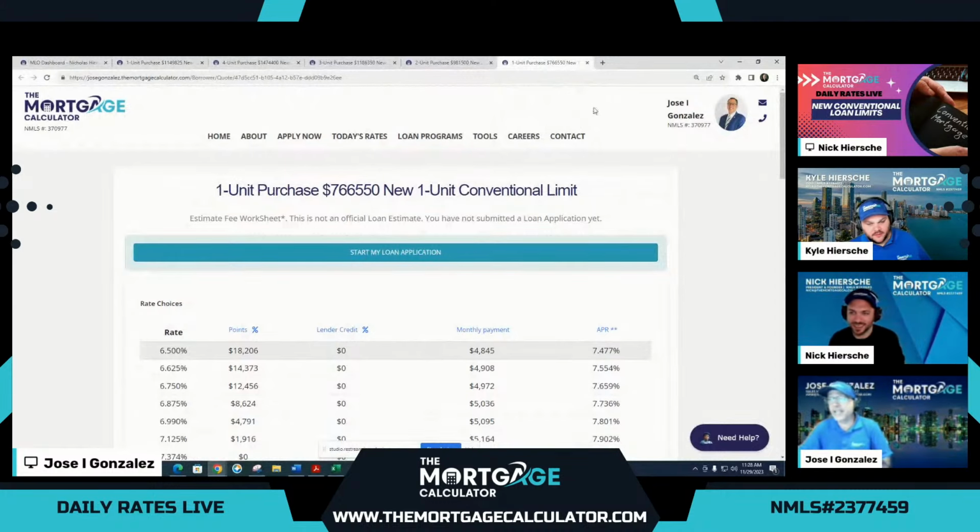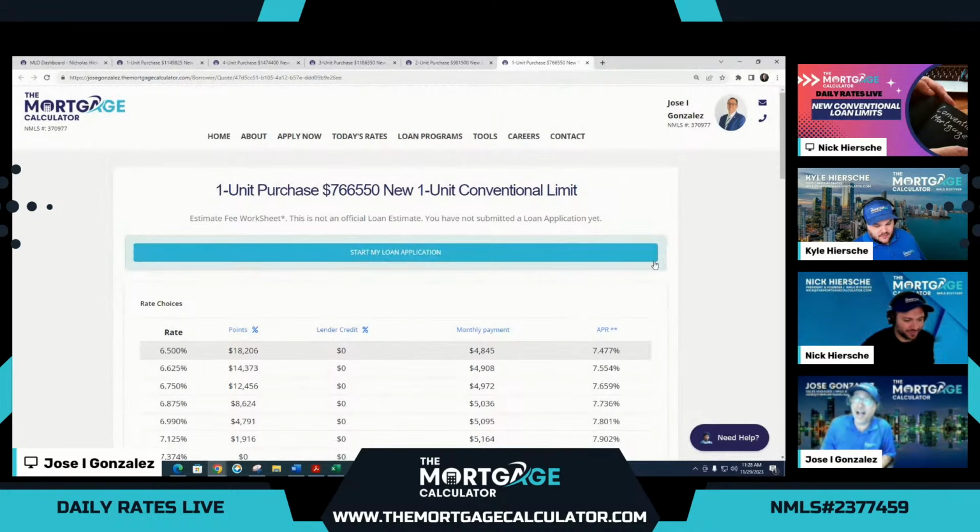I will state that the pricing engine is still working on the high balance settings. So they don't have all the high balance settings at the new loan limits, only for the 1 unit, where we probably jumped the gun on them because I think today's day 1.